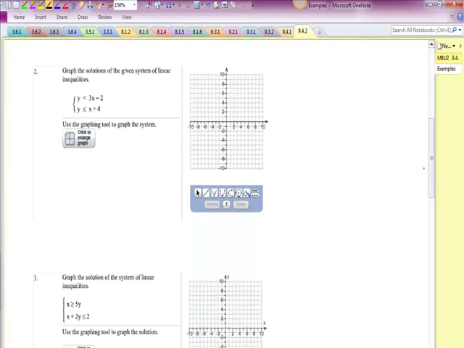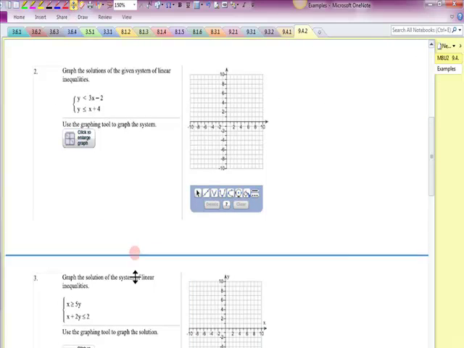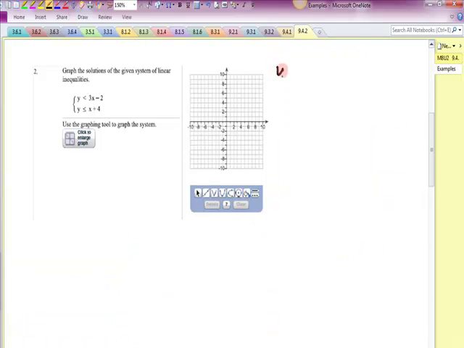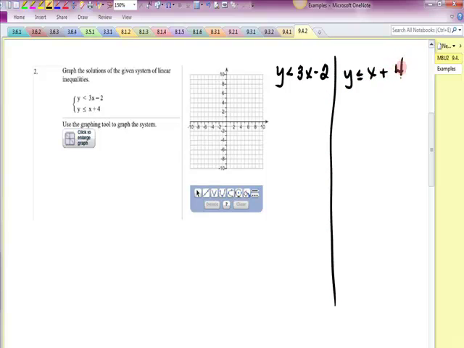All right, let's look at number 2. I have y is less than 3x minus 2, and I have y is less than or equal to x plus 4. The first one is going to be a dotted line. We're going to shade below. The b value is -2.